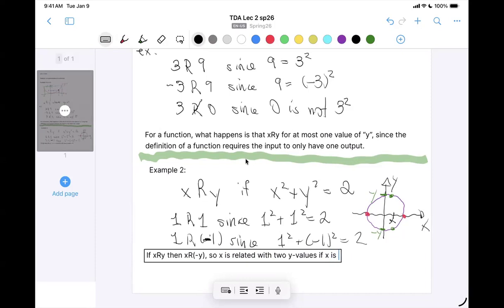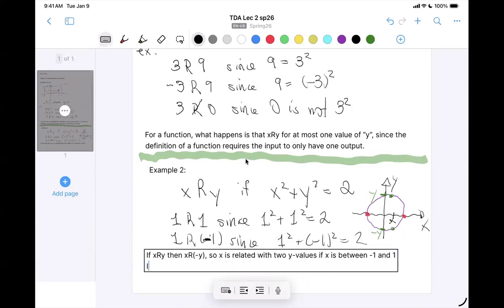If x is 1 or negative 1, it's related to only one y value.